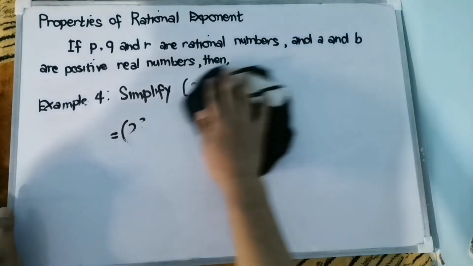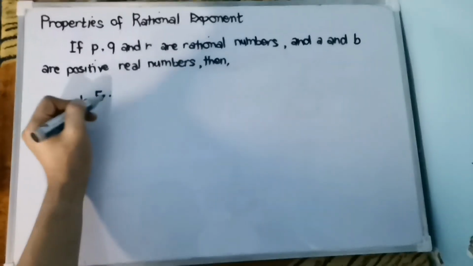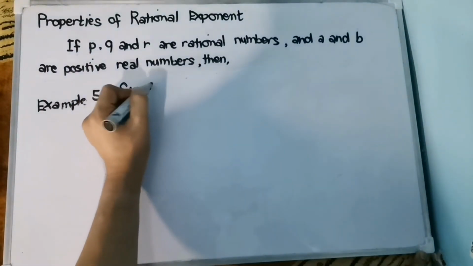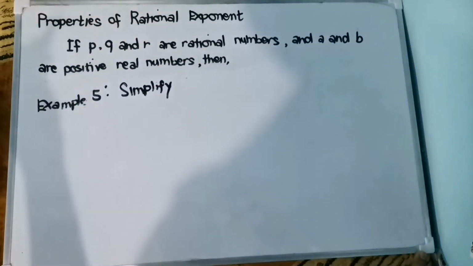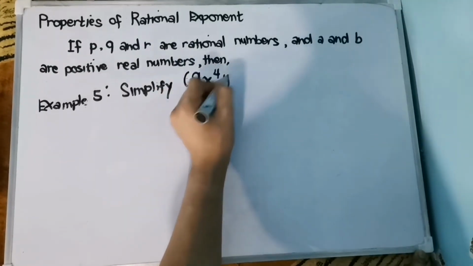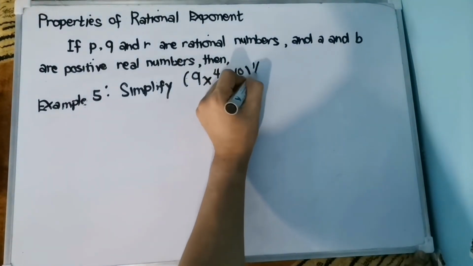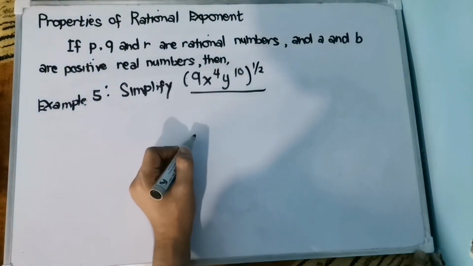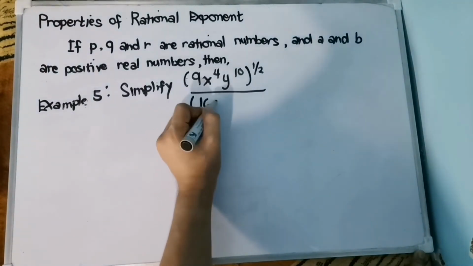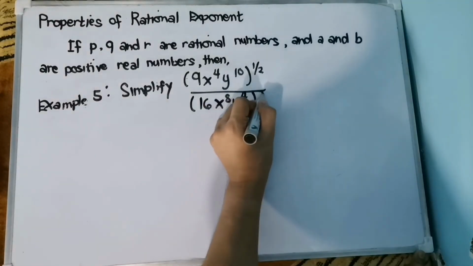And then for our last problem, example 5, simplify 9x to the 4th, y to the 10th, raised to 1/2, all over 16x to the 8th, y to the 4th, raised to 3/4.